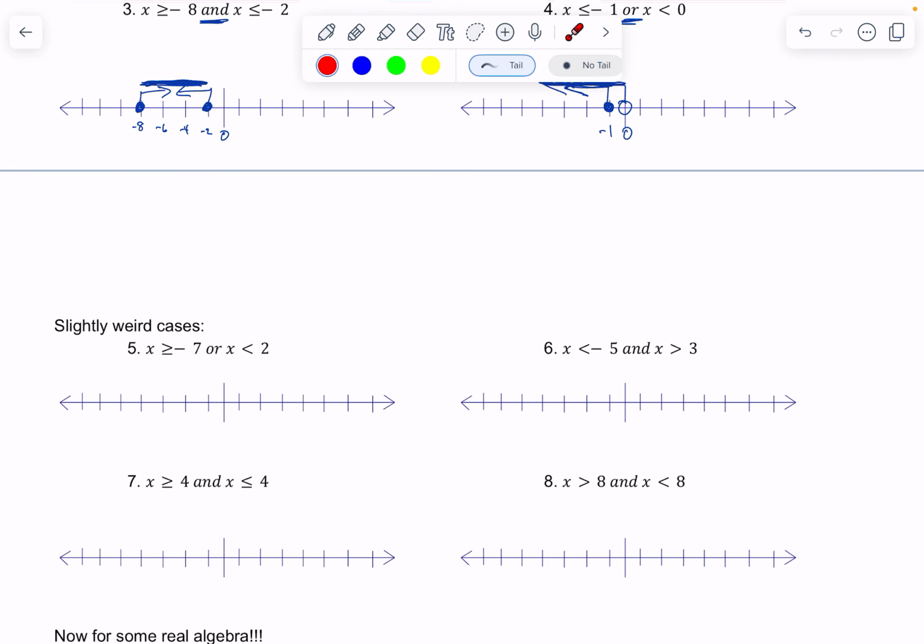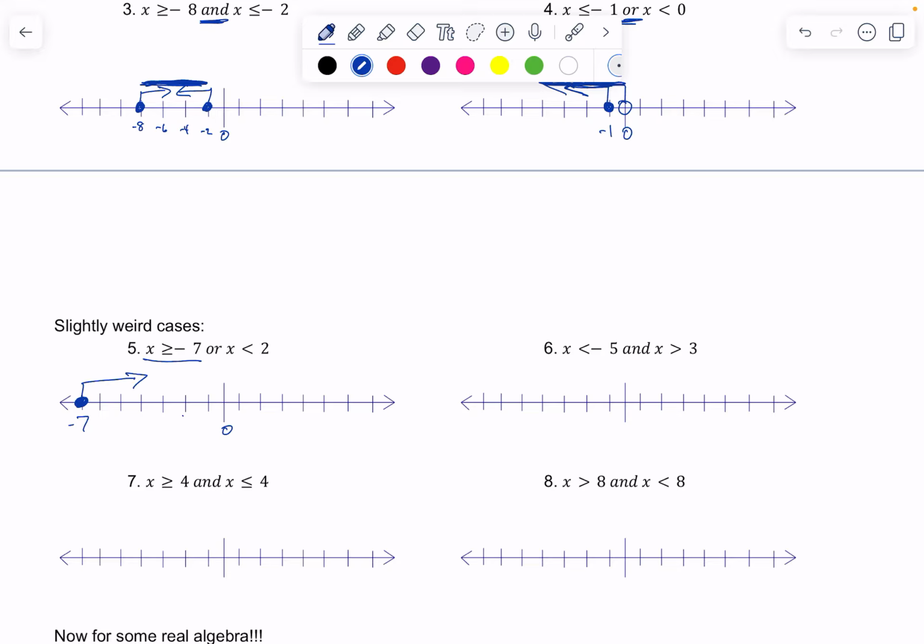Slightly weird cases. These are slightly weird, but let's just do them out. First one up, -7, 1. If this is 0, 1, 2, 3, 4, 5, 6, 7, -7 over here, x is greater than or equal to, so we're going this direction.